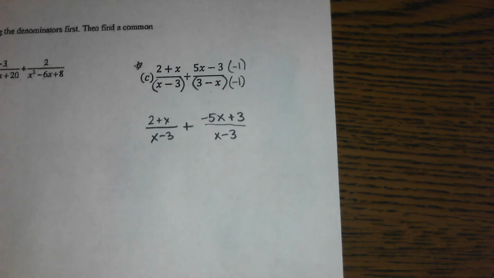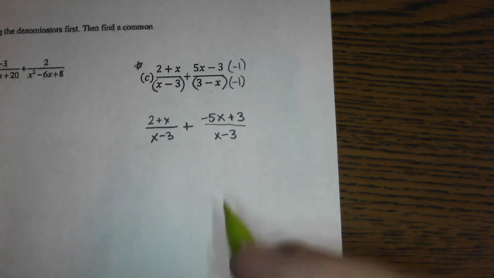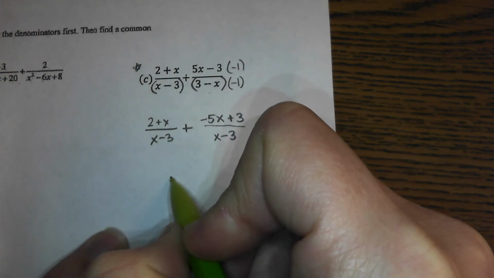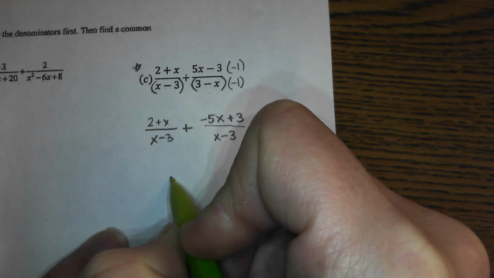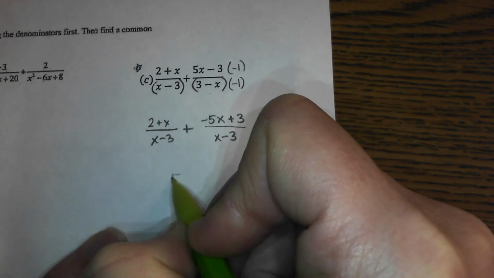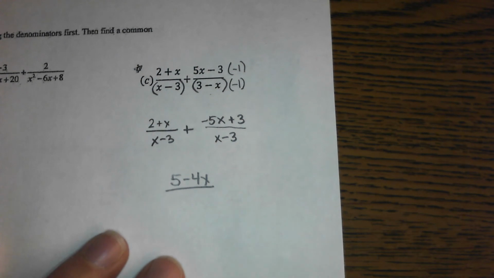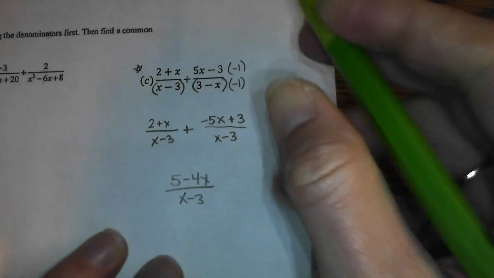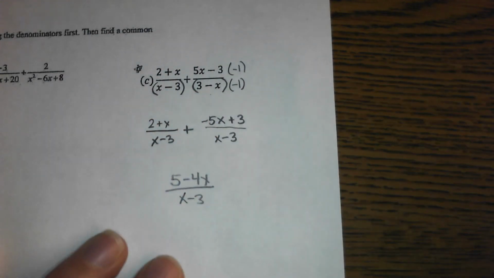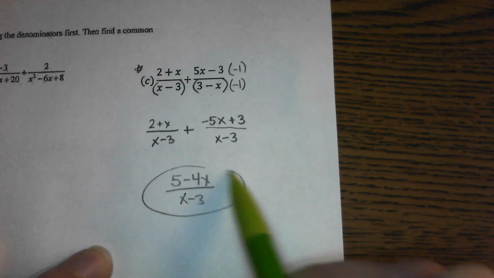Now we're ready just to add them, right? So what will my numerator be, Jason? Yes. Sorry, I was thinking you'd give me the x term first. If you did negative 4x plus 5, same thing. All over x minus 3. Is anything factorable there? No, so I'm done.